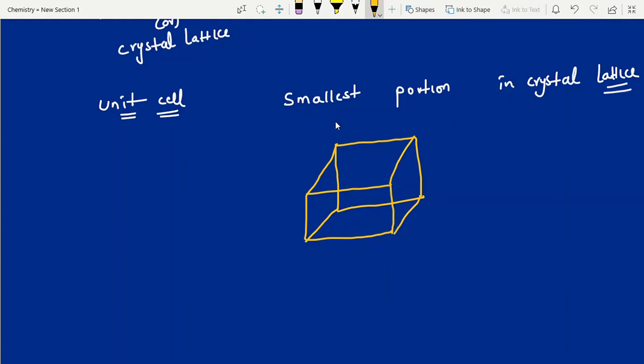Now you can expand this in three-dimensional space. We are taking the x-axis, y-axis, z-axis.